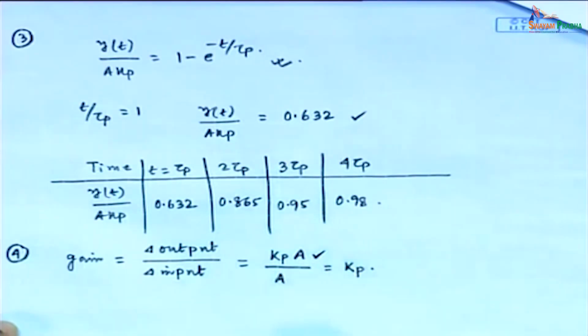Fine, and this we determined considering steady state only. So, these are the 4 comments we can make on the dynamics of a first order system considering step change in input variable with magnitude A.